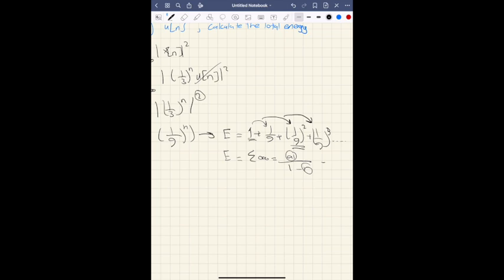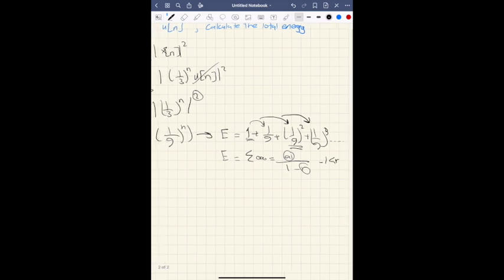And this only applies when the value of R is between -1 and 1.